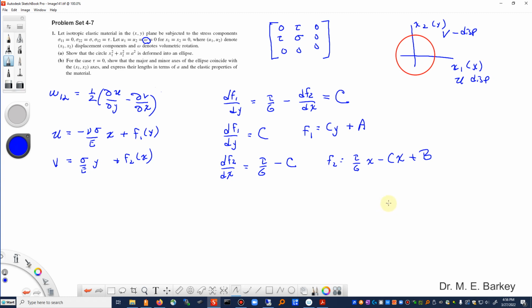So now I have a form of the equations for f1 and f2.